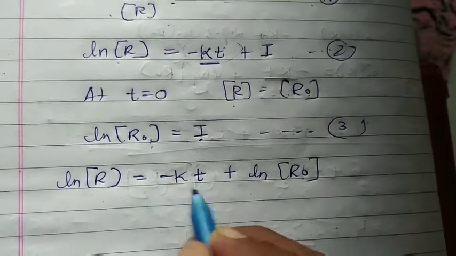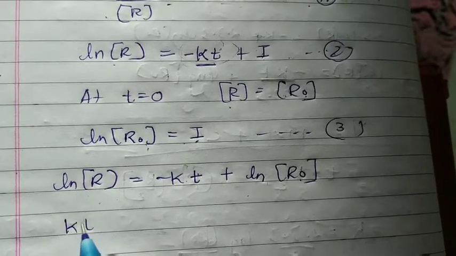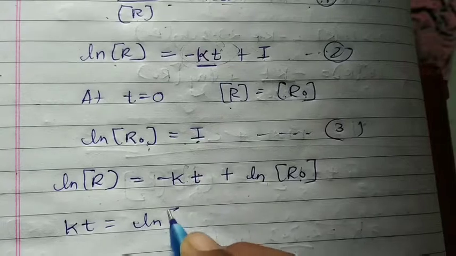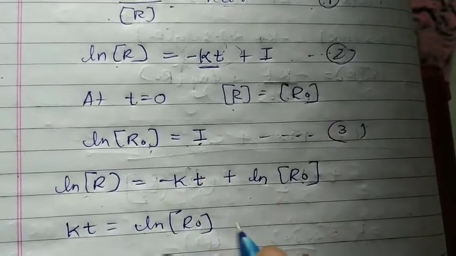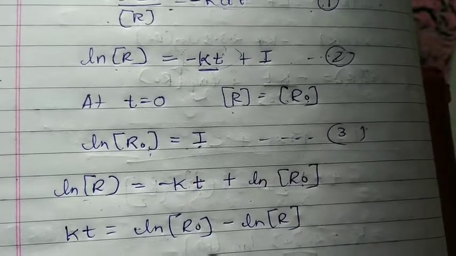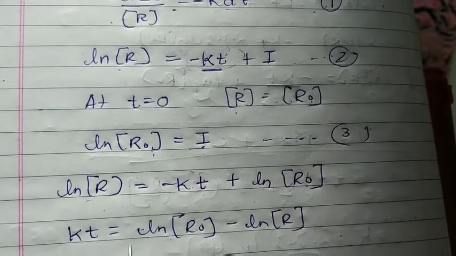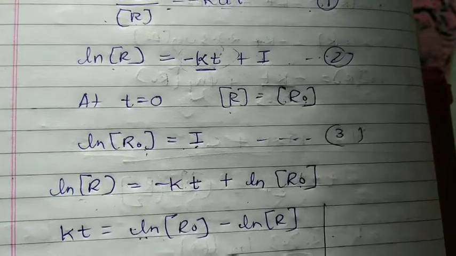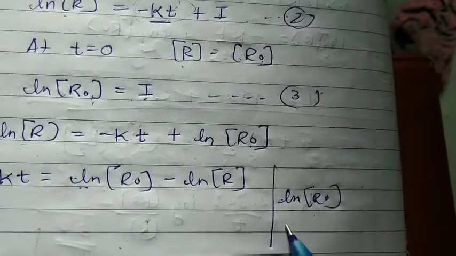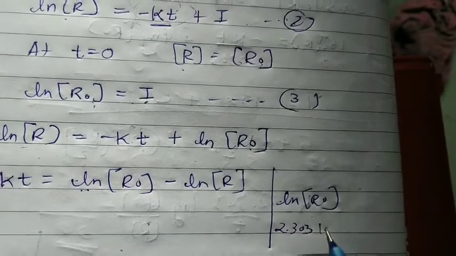This minus Kt you take on the other side, then Kt is equal to ln R0, and this ln R comes to this side, so it is minus ln R. Now ln R0 is nothing but 2.303 log R0.